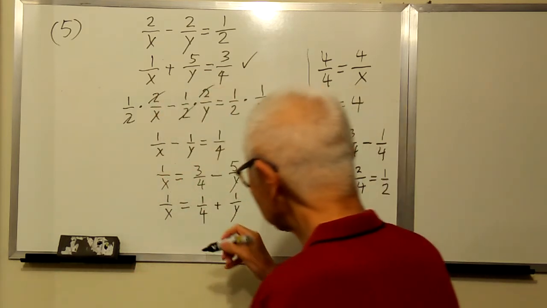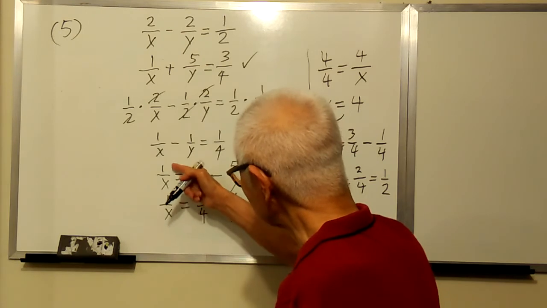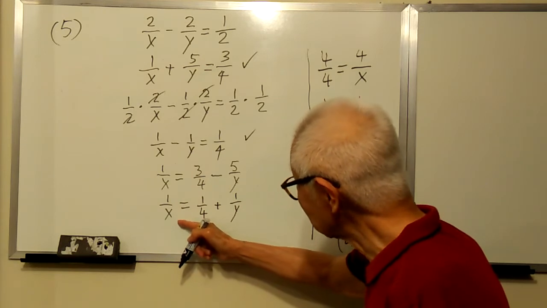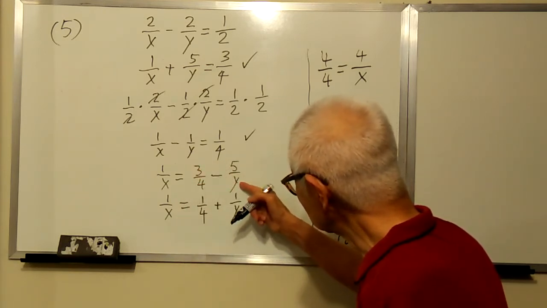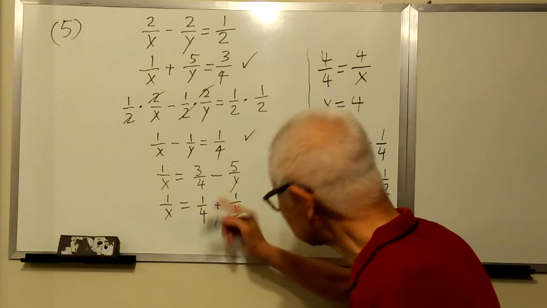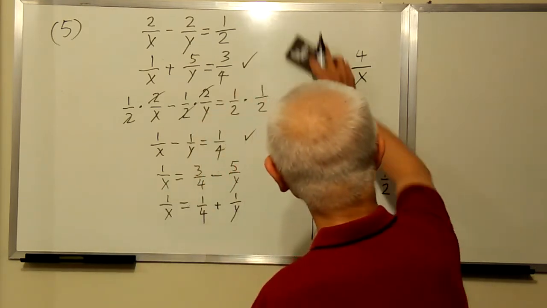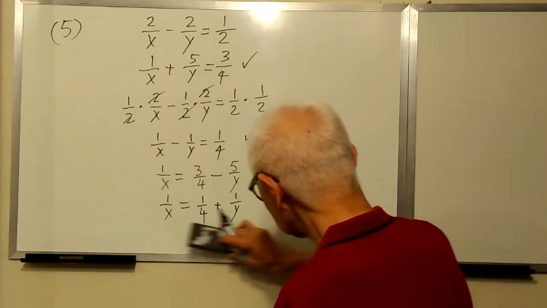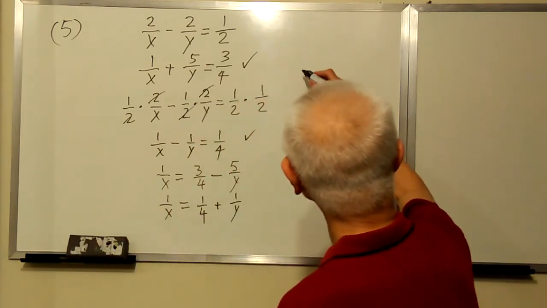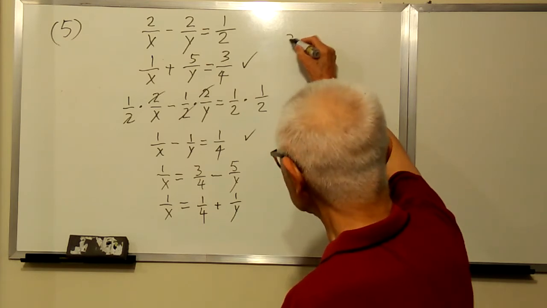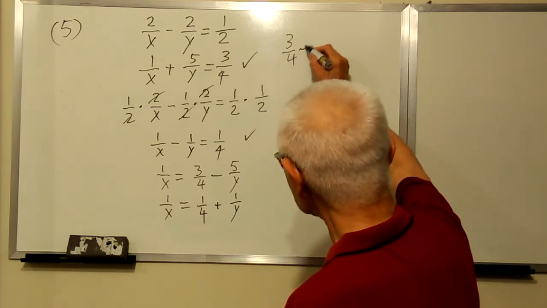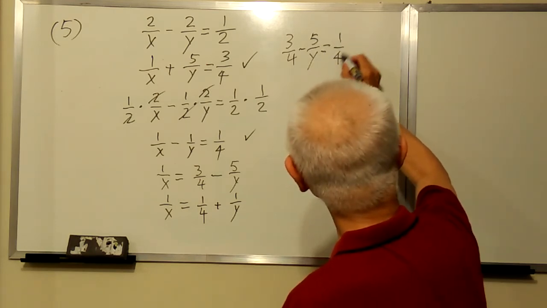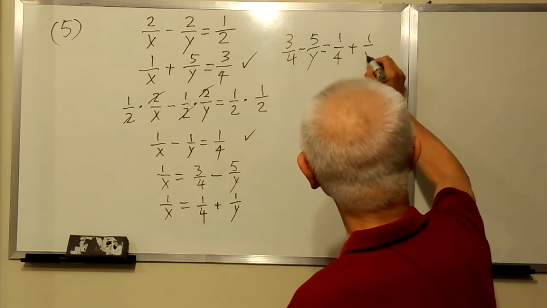Now, you see that on the left-hand side, here is 1 over x. And on the left-hand side, here is 1 over x also. Therefore, the right-hand side should equal to this right-hand side. And that's what I'm going to do exactly. So, 3 over 4 minus 5 over y equals 1 over 4 plus 1 over y.